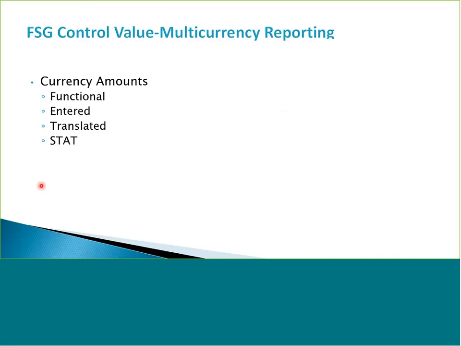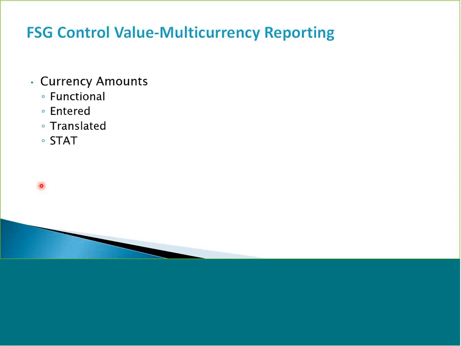We have already looked at how to use the control value for creating reports with budget amounts and reports with a constant period of interest. And in this lesson, we are going to look at how control value can be used to customize reports by showing various currency amounts, including functional amounts, entered amounts, translated amounts, and start currency amounts.